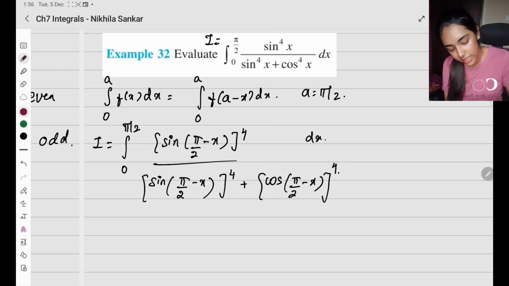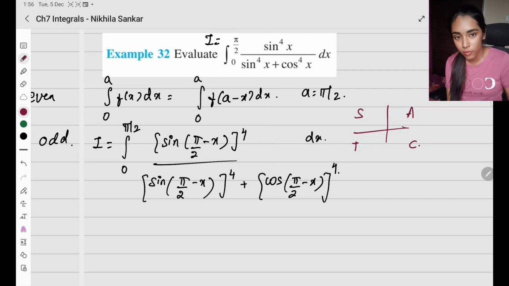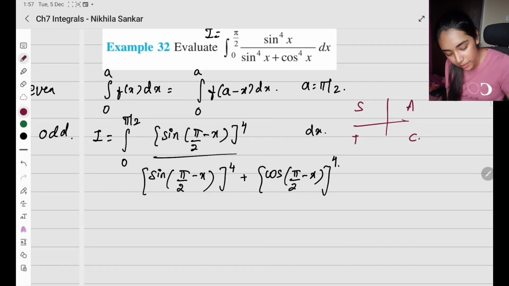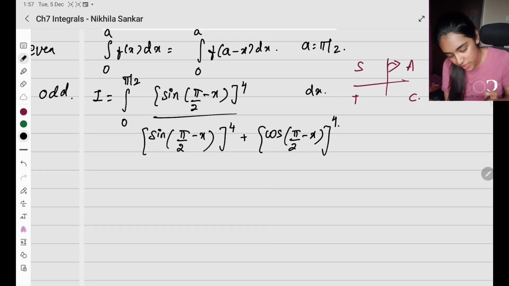Now, pi by 2 minus x, so complementary angle, sin becomes cos, cos becomes sin. Now pi by 2 minus x, we are talking about the first quadrant. In the first quadrant everything is positive. Correct?